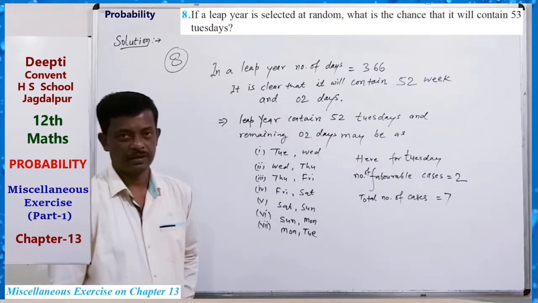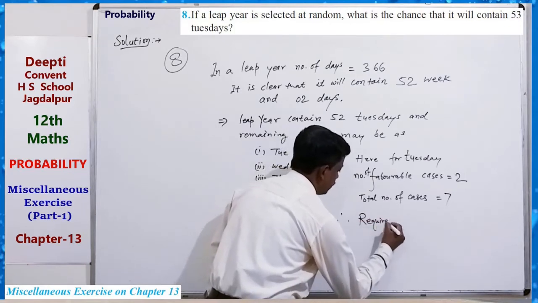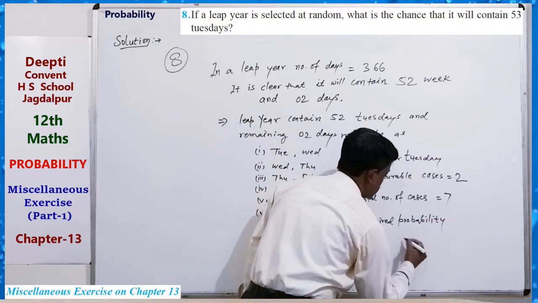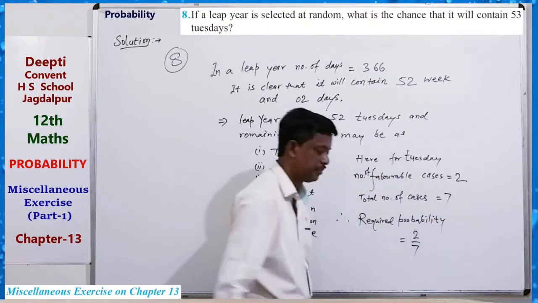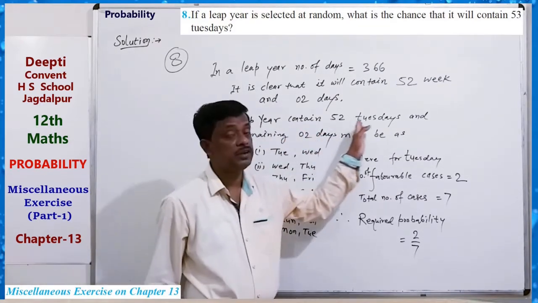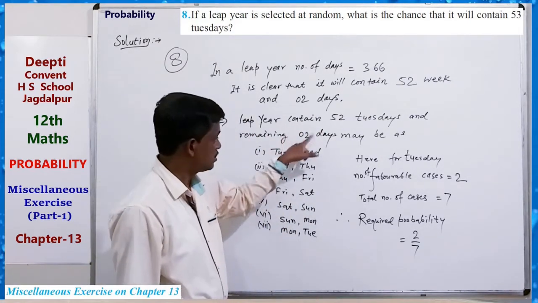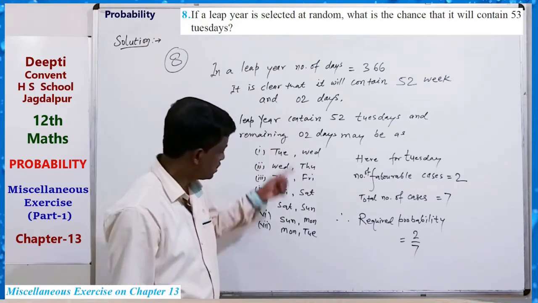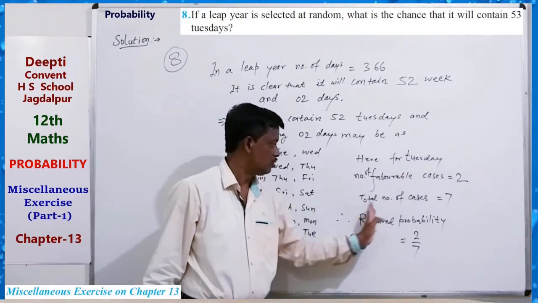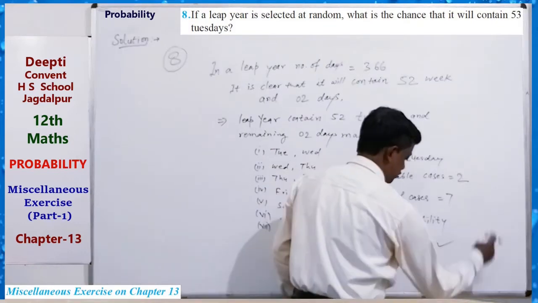Therefore, the required probability is 2 by 7. So this is the answer to question 8.